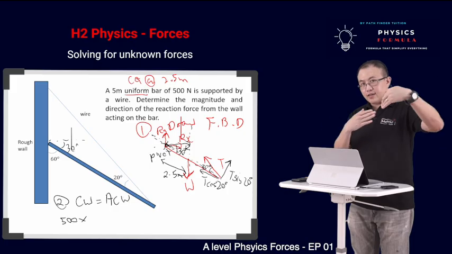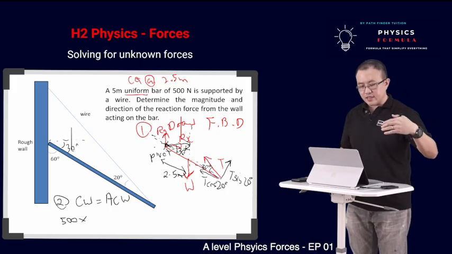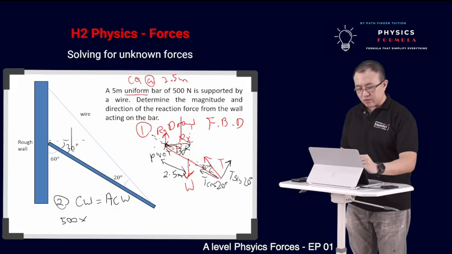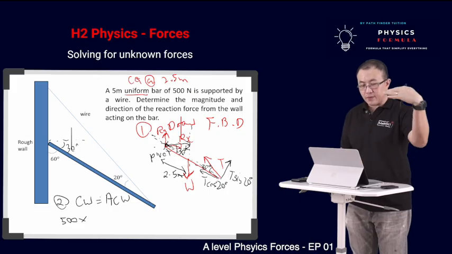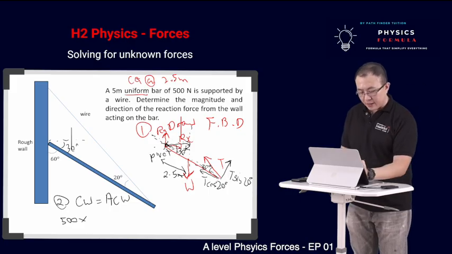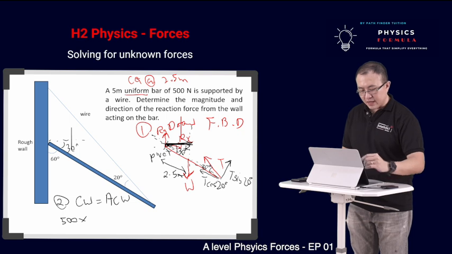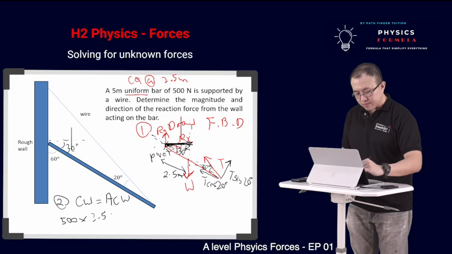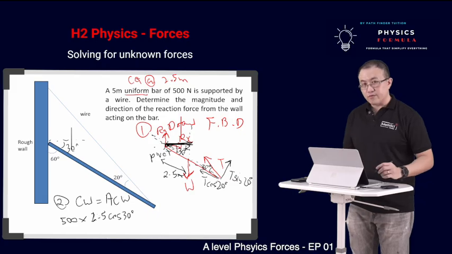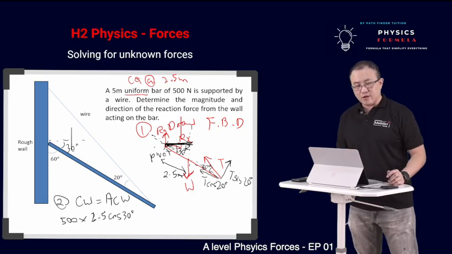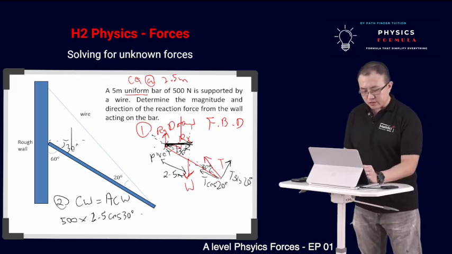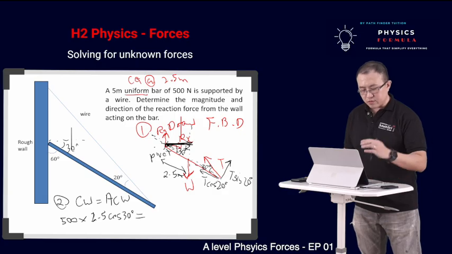So 2.5 along here. If I use trigonometry, I wanted to find the perpendicular distance, which is the bottom part. So this part will be cosine. I'm going to do 2.5 cosine 30 degree. Then from here, we can equate to the anti-clockwise moment, which is due to the tension.